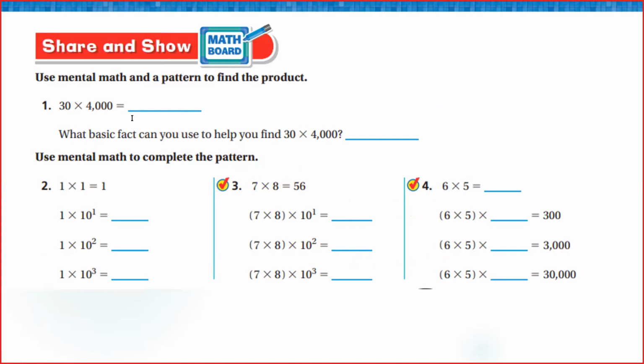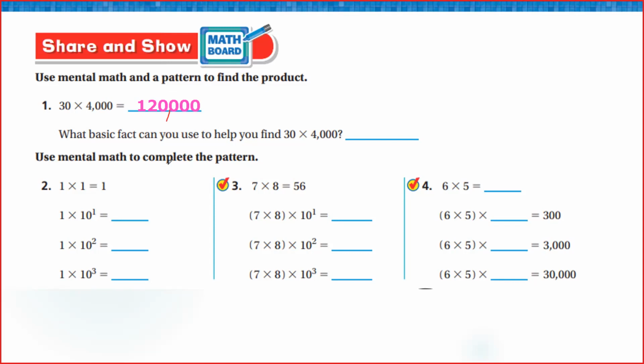So first of all, you will write 4 zeros, then multiply, and the answer is 12. Then count the 3 factors, and you add a comma. So it will be 120,000. Thank you.